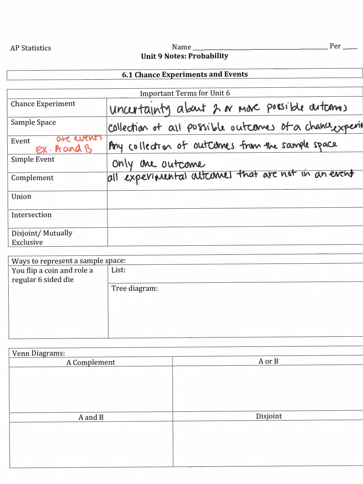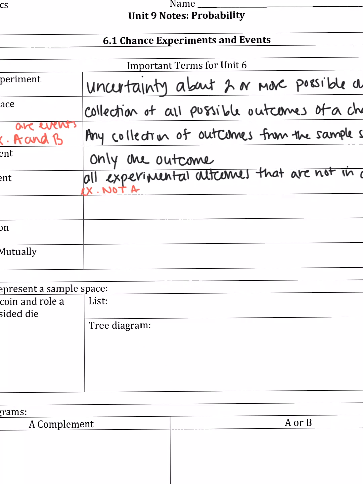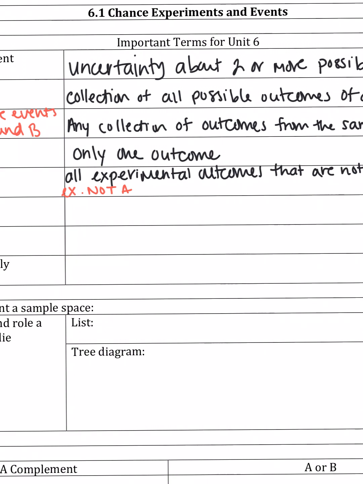So for instance, an example could be not event A. There's some different notation for this, okay? Notation for not A looks like this: A with a little c to mean A complement, or A prime means A complement, or a little squiggly in front of A means A complement also.